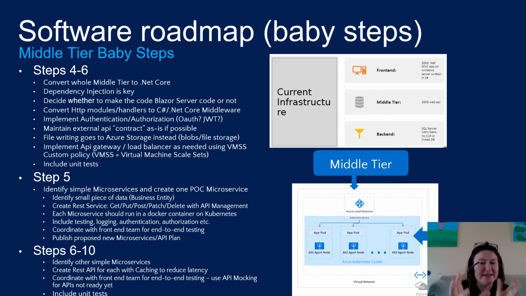Coordinate with the front end for end-to-end testing of that microservice. The front end will have to make some changes to call that microservice. Then you're going to publish that proposed new microservice or API and publish that plan for how it works.